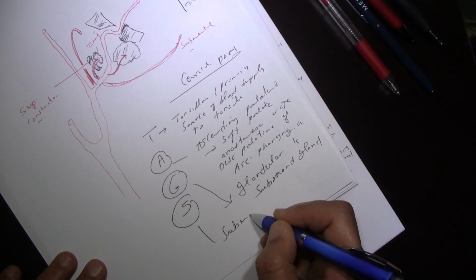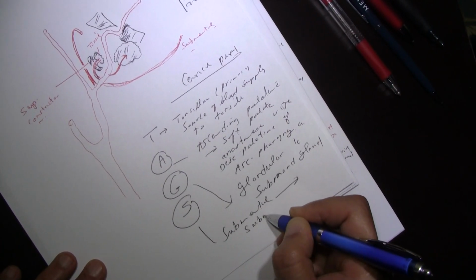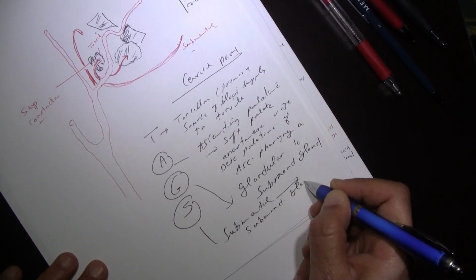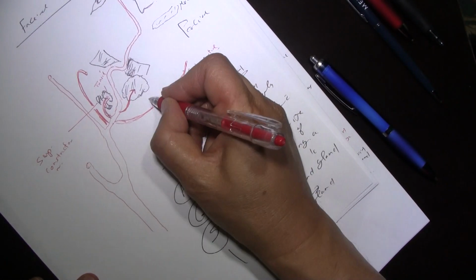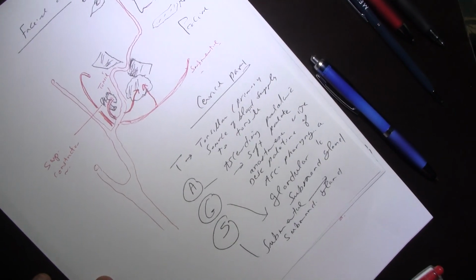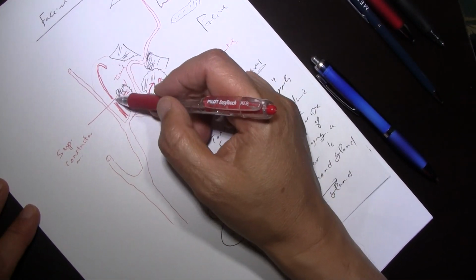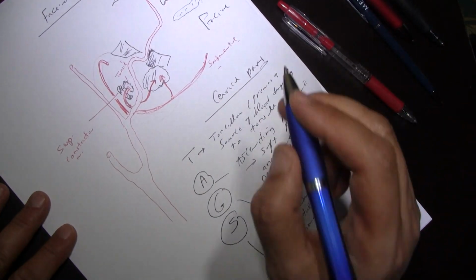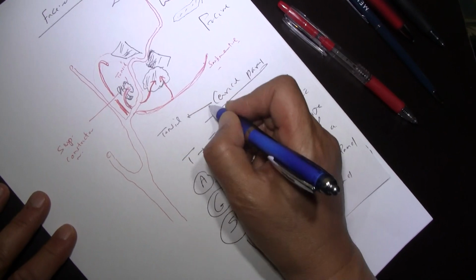This is the longest branch. It supplies also the submandibular gland and the submental region. So the cervical part, keep in mind, is the primary blood supply to the tonsil and submandibular gland.